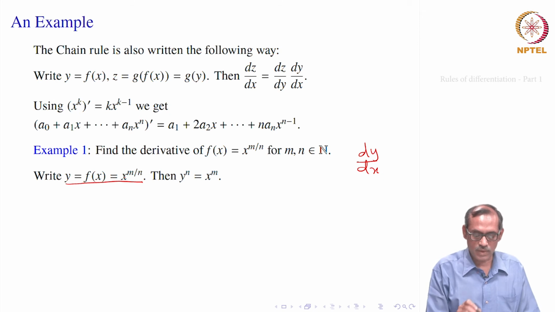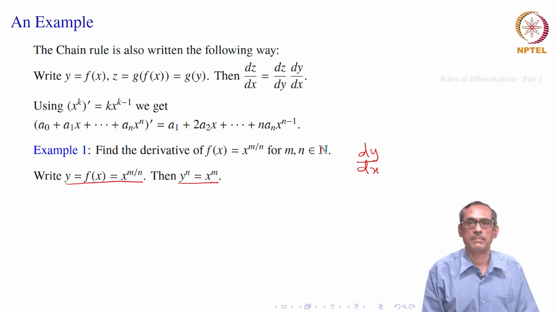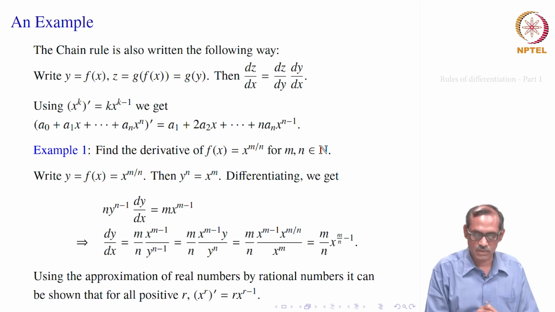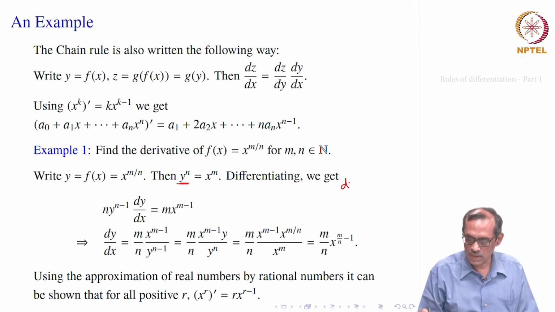Okay. So, once y equal to x to the power m by n, we can raise both the sides to power n. It gives y to the power n equal to x to the power m. Now, what we do? We differentiate both the sides, so that derivatives should be the same. Now, once you differentiate, on the left side you have y to the power n. So, its differentiation will be d y to the power n by dy into dy by dx.